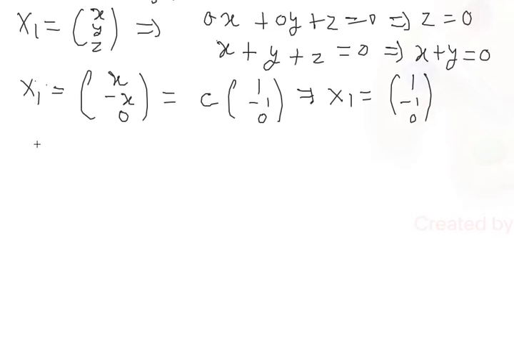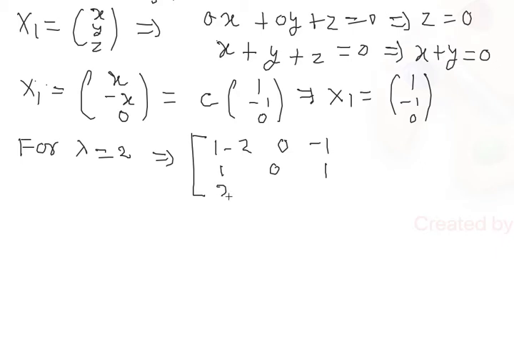Now for lambda equal to 2, the matrix equation is reduced to the matrix with rows 1 minus 2, 0, minus 1; then 1, 0, 1; and 2, 2, 1.